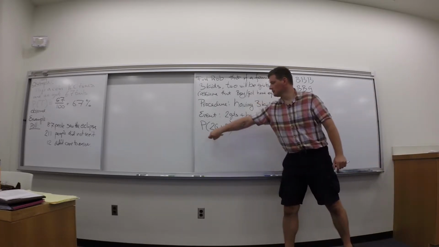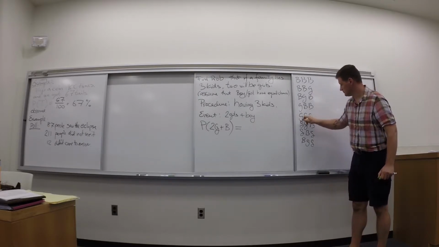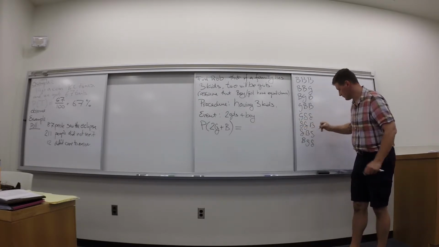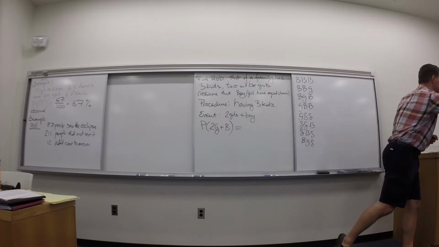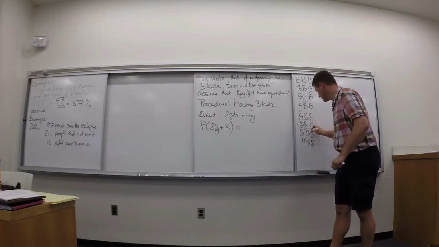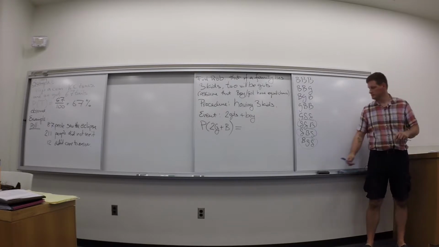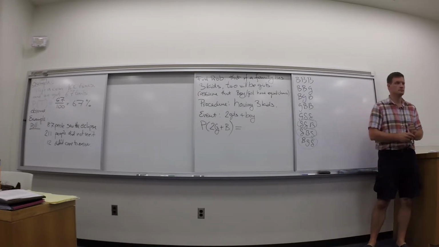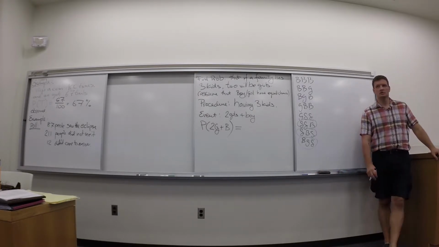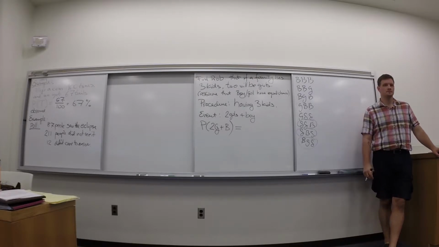Well, now we're looking for 2 girls and a boy. 1, 2, and 3. Now, a question that usually arises is, what's the difference between girl, girl, boy, and girl, boy, girl, and boy, girl, girl? The sequence. Yes!